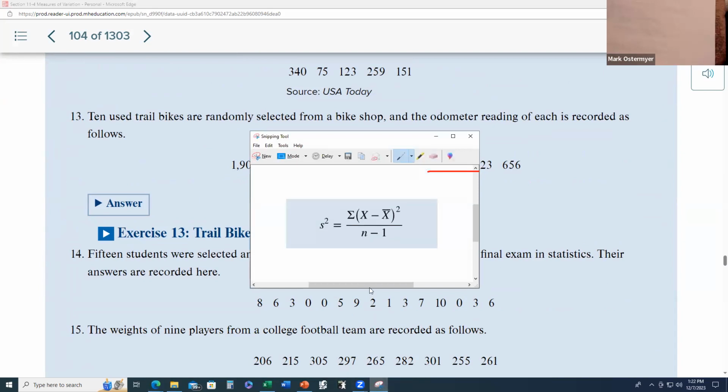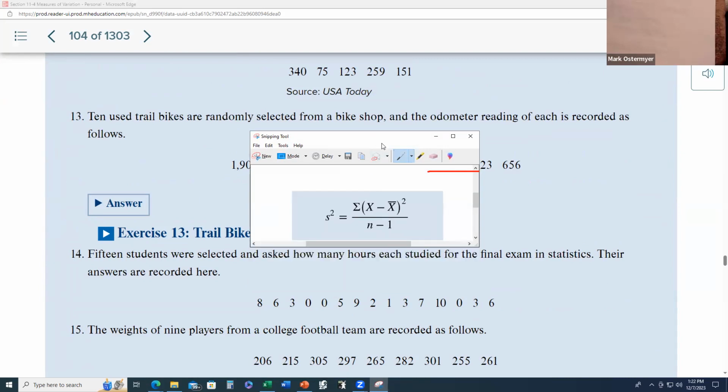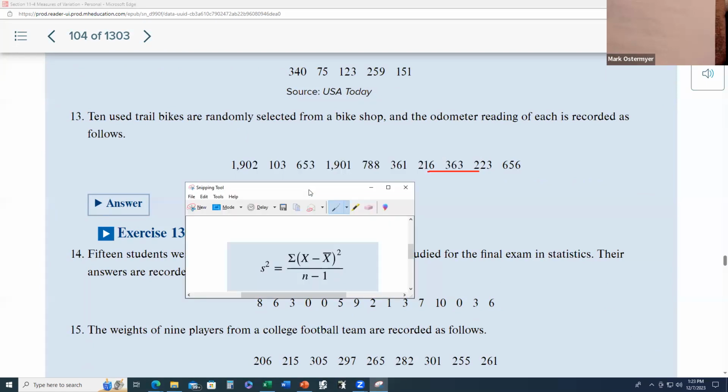All right. So I will put this formula right there, and I want us to manually compute the variance, S squared, and then the standard deviation of this data set. Now, what's the first thing we need to know from this data set? We got to know X bar.